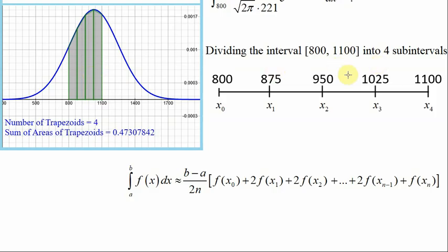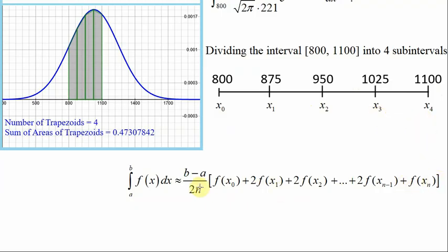So the sub-intervals have values of 800, 875, 950, 1025, and 1100. This would be x sub 0, x sub 1, x sub 2, x sub 3, and x sub 4.